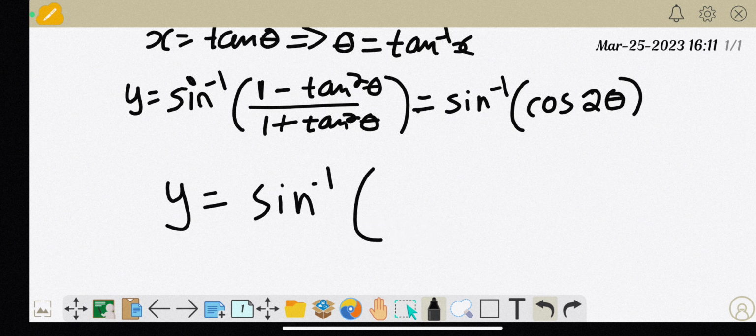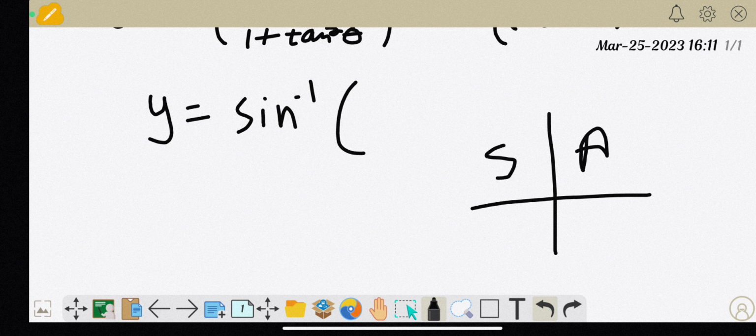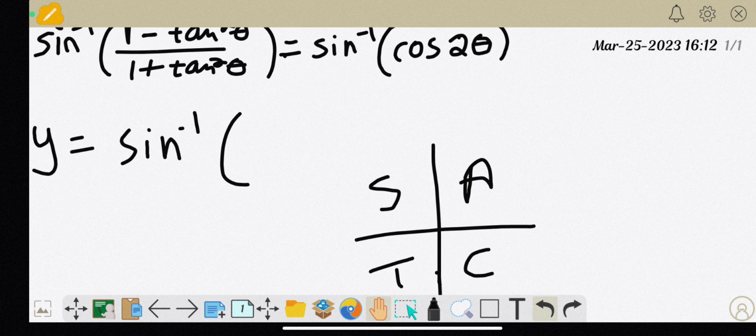I have to write it in terms of odd angles, right? So in which quadrant? Here you have to be careful, okay? In which quadrant is cos positive, you have to see. In the first quadrant cos is positive.